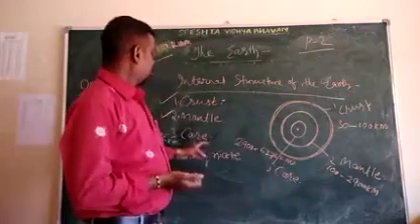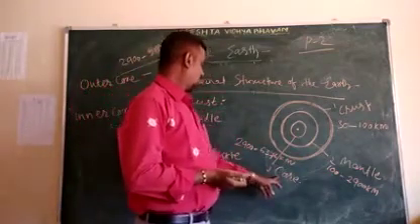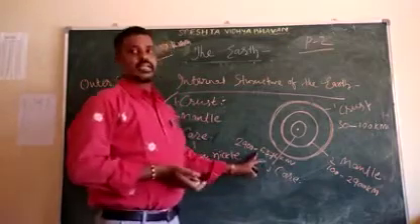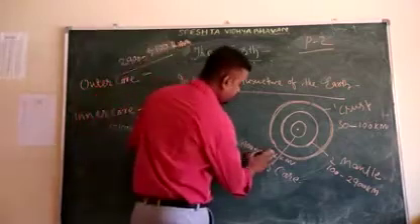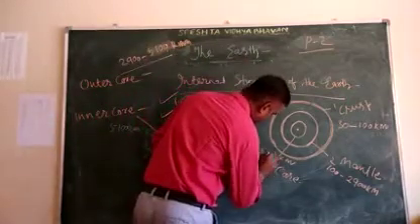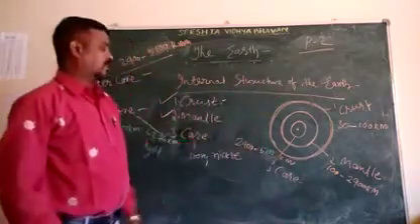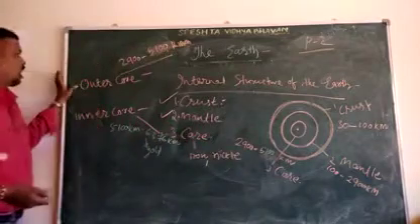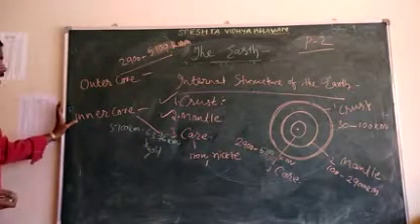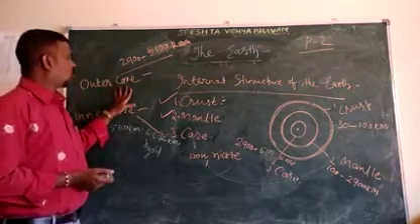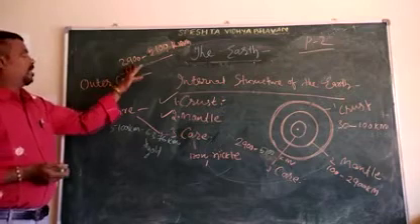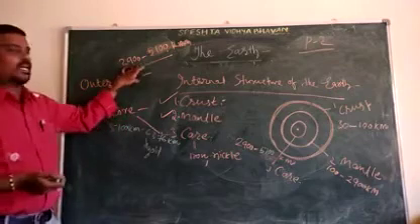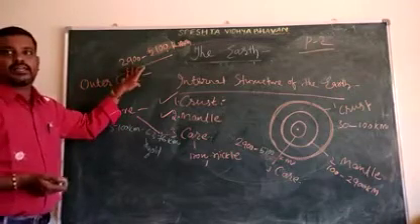And the third important one is core. The thickness of the core is 2,900 to 5,100 kilometers. The core is again divided into two sublayers: outer core and inner core. The outer core thickness is 2,900 kilometers to 5,100 kilometers, and here we can find nickel and iron.